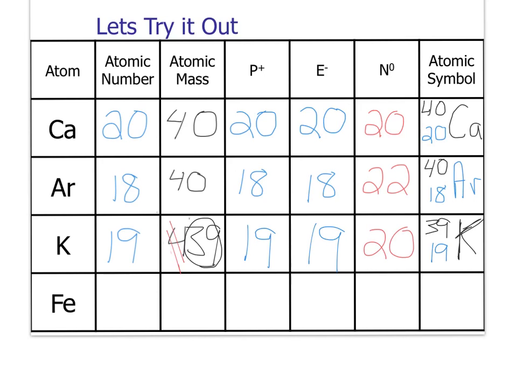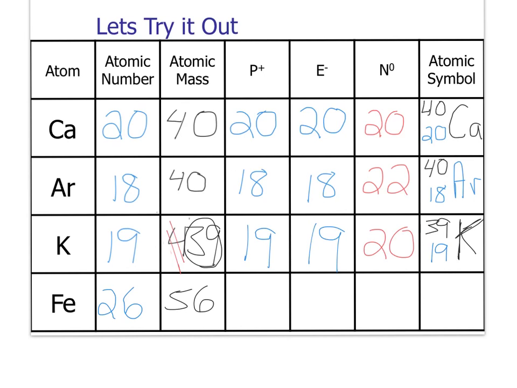Now, iron's in a little bit different situation. It's in the middle of the periodic table, but how we find all the numbers stays the same. So 26 is the atomic number. The atomic mass is 56.